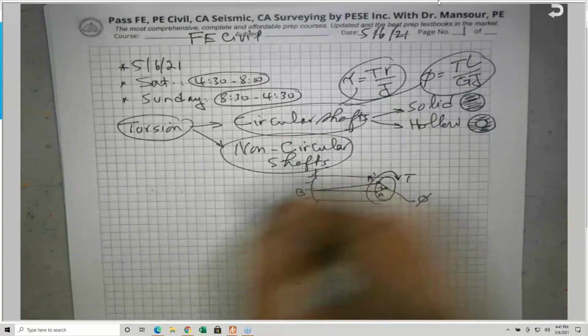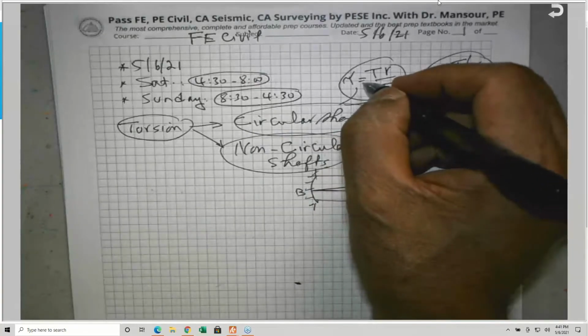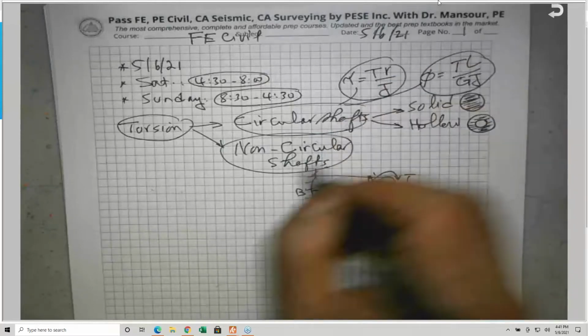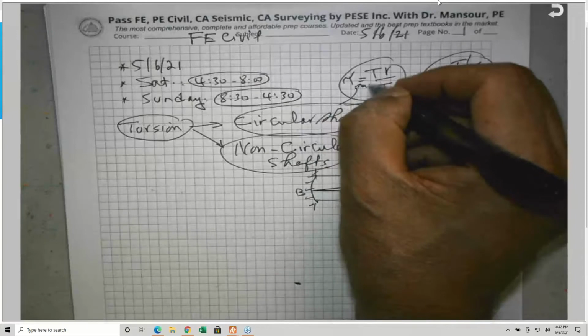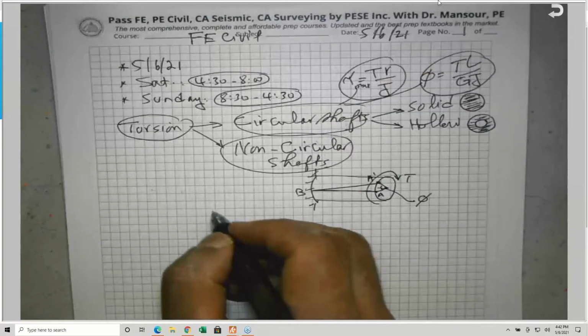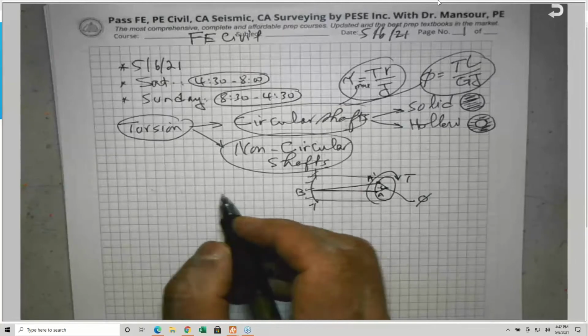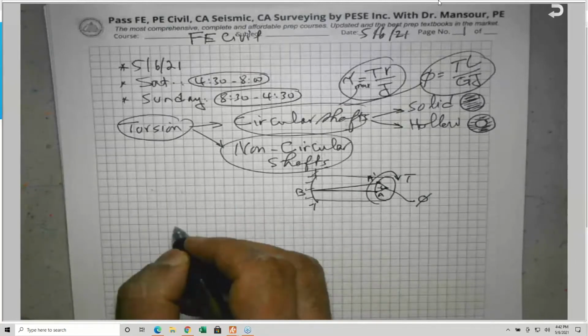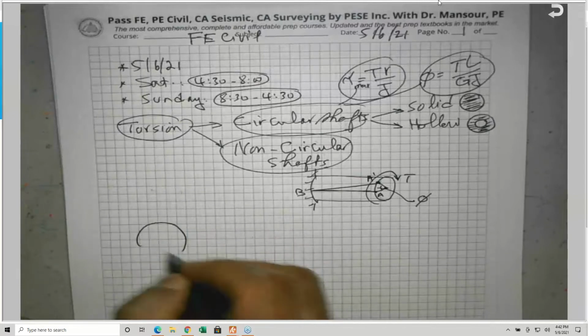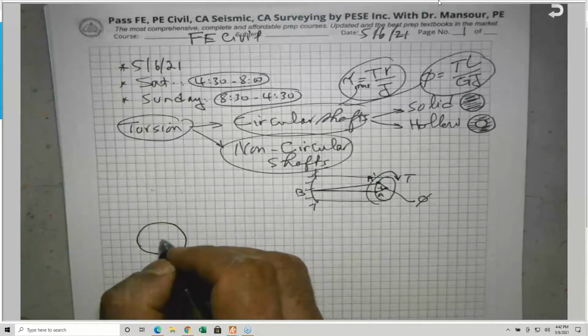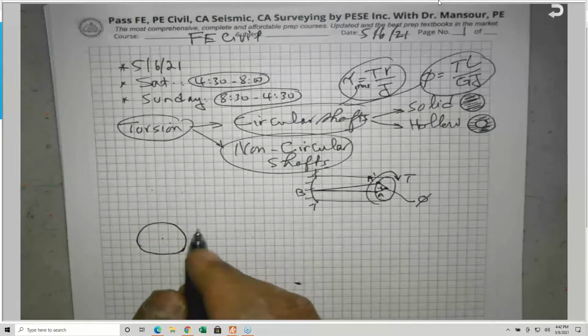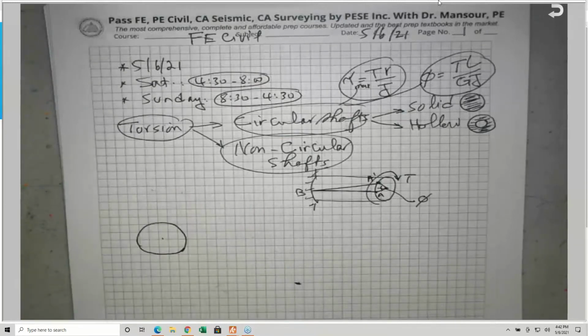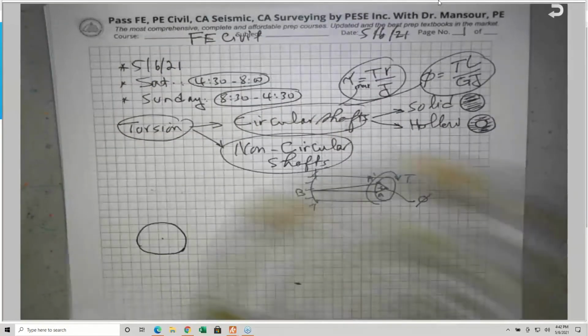The equation here, they didn't tell you in the NCEES that this is a tau max, because if you look at a circular shaft, sometimes I use my tools here, the one that has some circles, in order to avoid this funny shape.